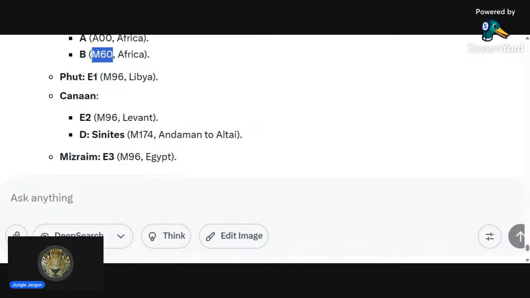E1 is Libya, M96. First Phoenician Canaan is M96. Levant's Sinaites, M174. And Mitzrayim is M96, which is the same as Put.